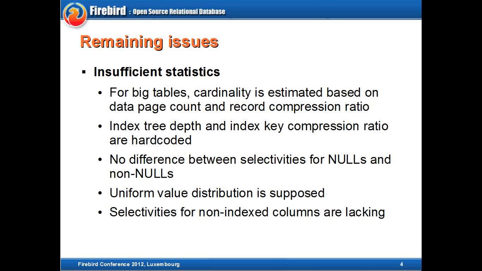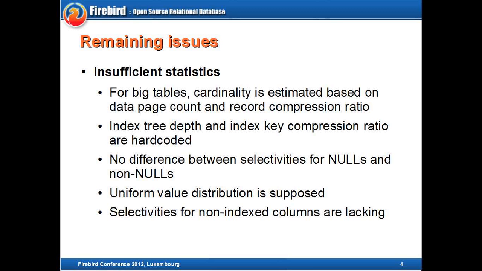I have already said that the cardinality, the number of records in the table, is currently estimated based on how many data pages exist in this table, how big the record is, and how well it is compressed. Well, this really gives quite a good estimation, but there are exceptions.